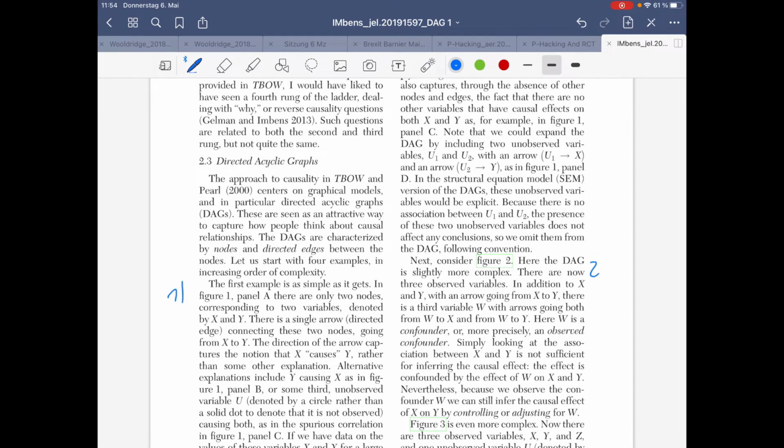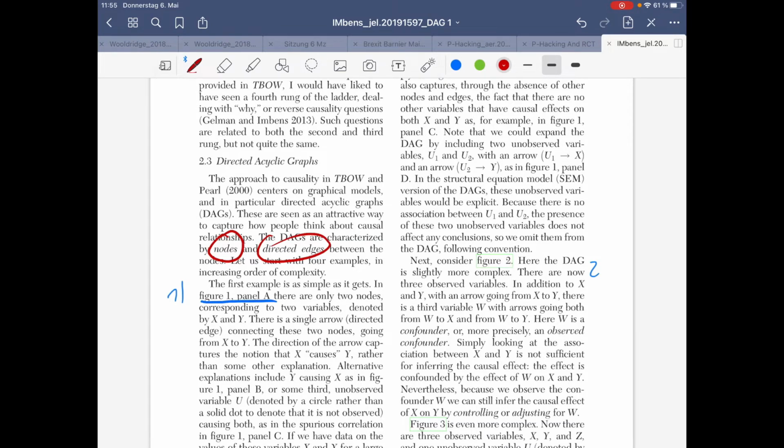So take a first example. So the figure 1 panel A. I'll show that in a second. So what you typically have, you have on the one hand nodes and on the other hand directed edges between nodes.